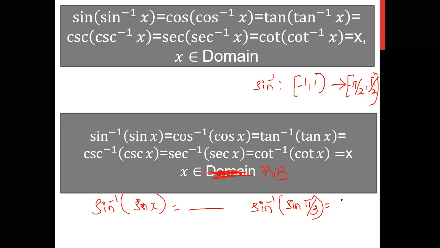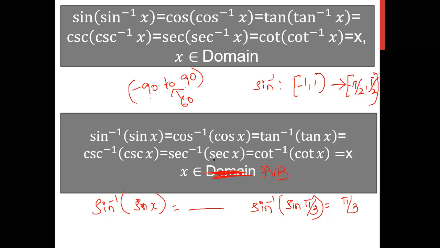Yes. The principal value branch is -90 to +90. Here, 60 lies inside it. So directly you can write it as pi by 3.